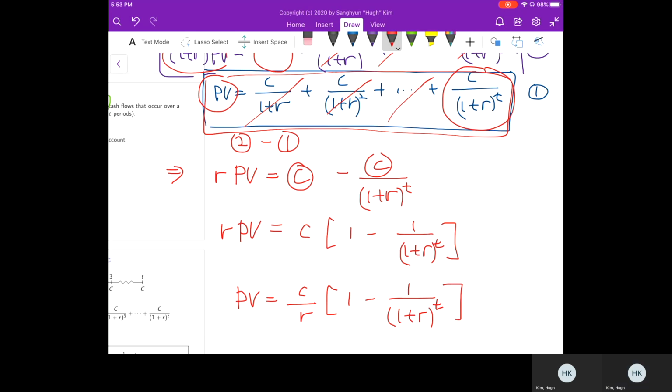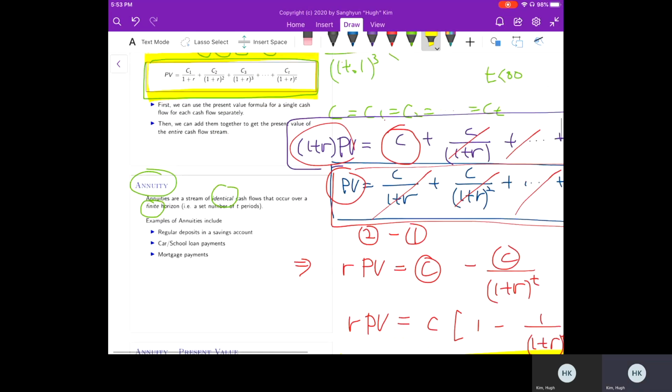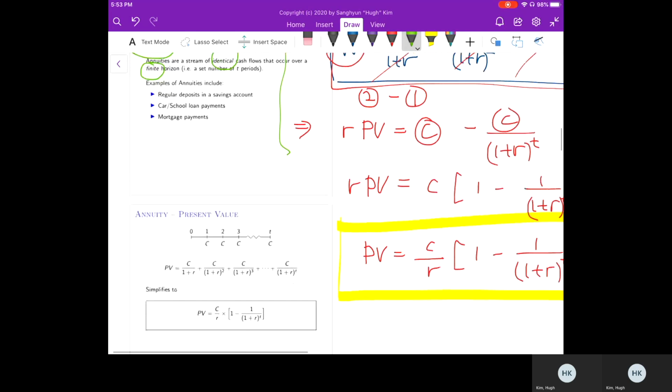Okay. So that is the present value of annuity formula. So when we have identical cash flows, when we have annuities, this general formula can be simplified to this.